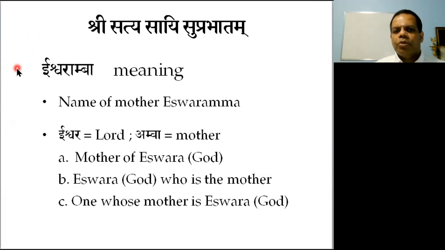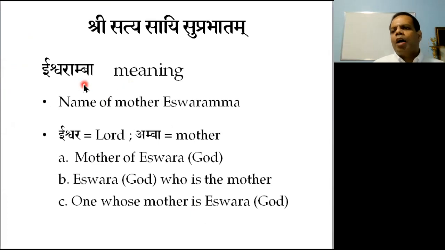Now we come to, I hope it's not too slow for you all, but I thought I will take my time and explain. Now we come to the word Ishvaramba. What is the meaning of Ishvaramba? There are multiple meanings, so we'll go through those meanings.